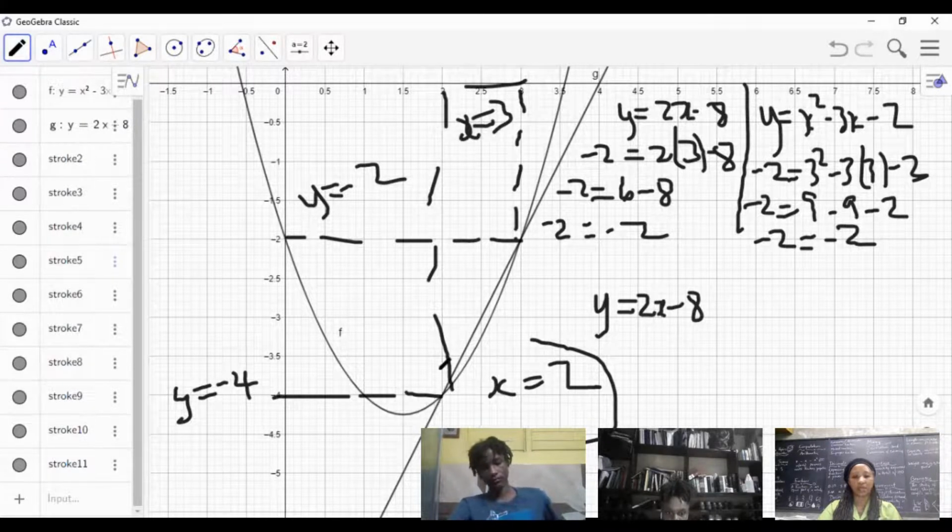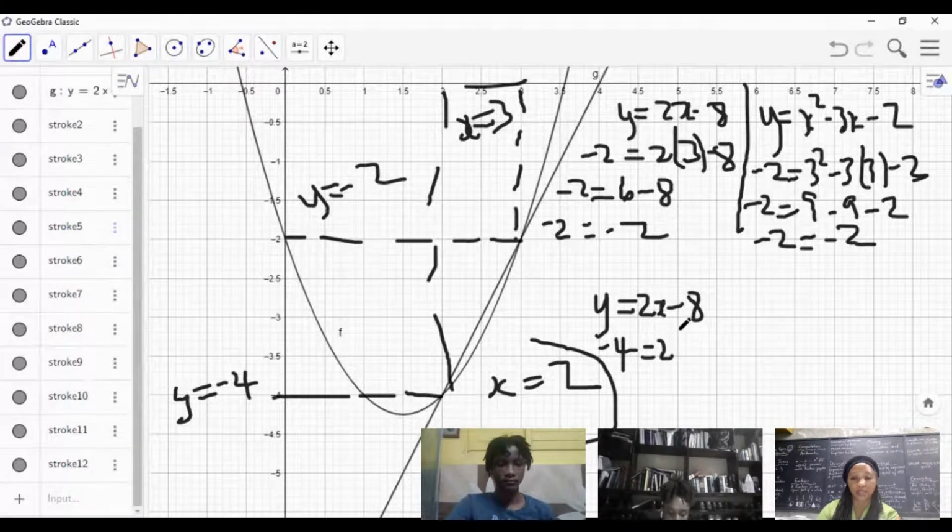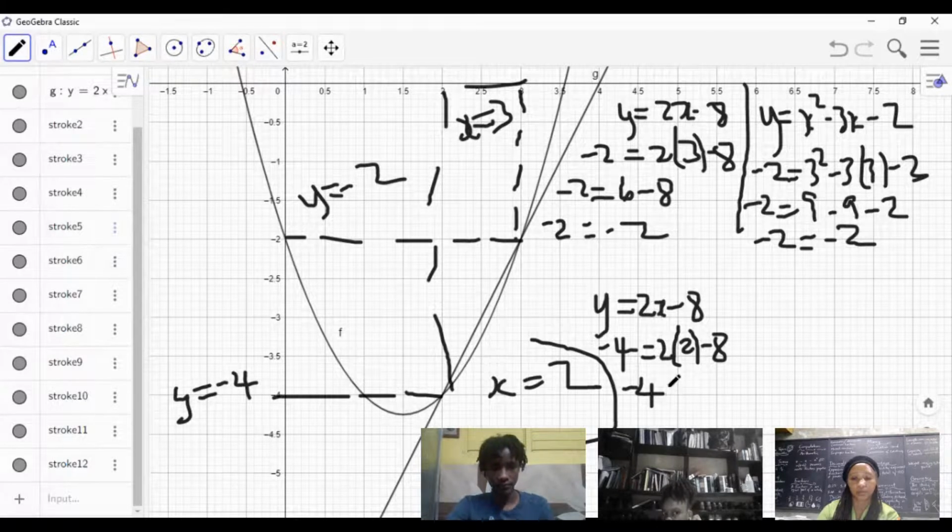Oh, x is 2. Okay. Right, x is 2. So we would have negative 4 is equal to 2 times 2 minus 8. Negative 4 equals 2 times 2 is 4 minus 8. And 4 minus 8 is negative 4. So negative 4 equals negative 4.